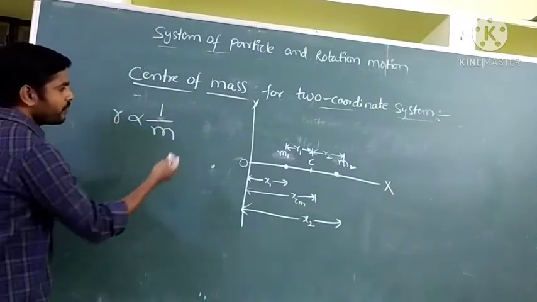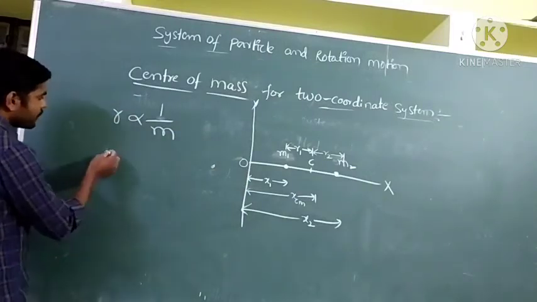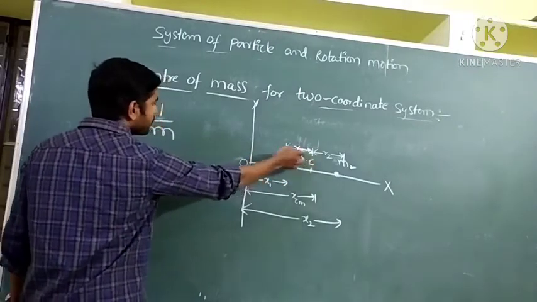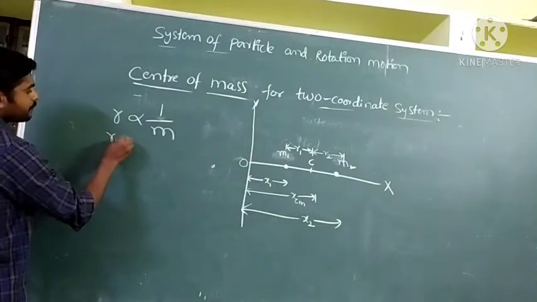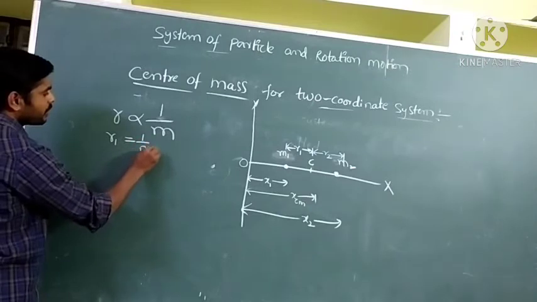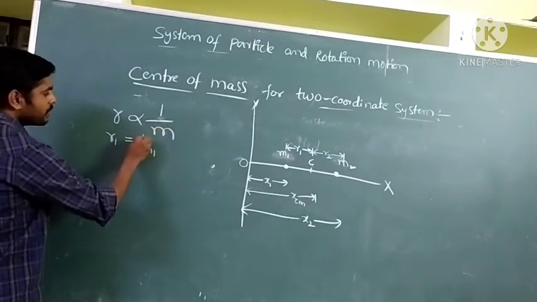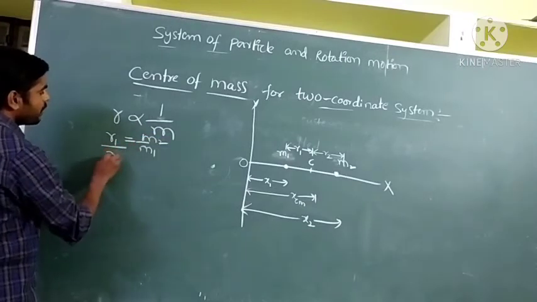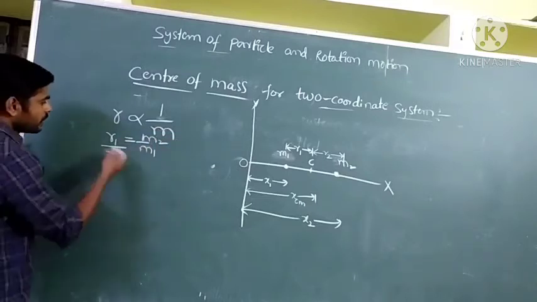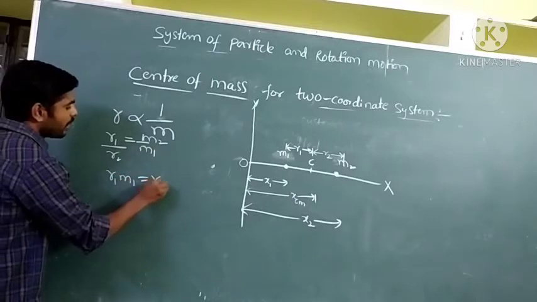If you apply this to the two particles, r1 is proportional to 1 by m1, and similarly for the second particle, r2 is proportional to 1 by m2. Cross multiplying, you can write r1 m1 is equal to r2 m2.